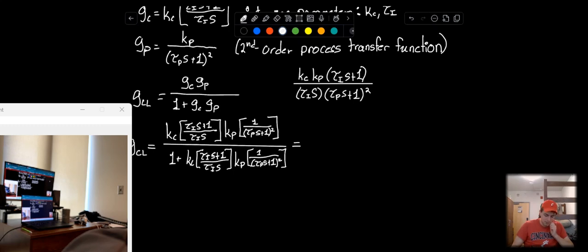And again, not the same thing. We can't cancel off this squared and this. That does not work because our taus are different values.